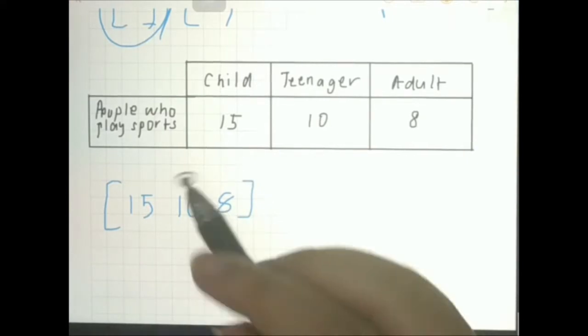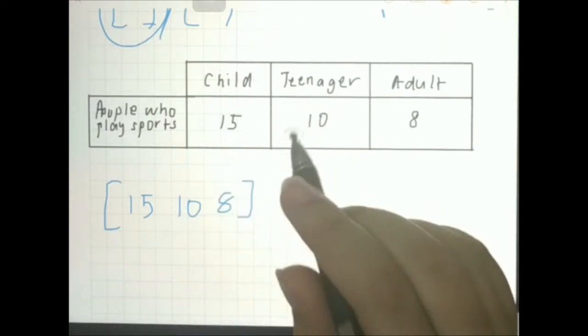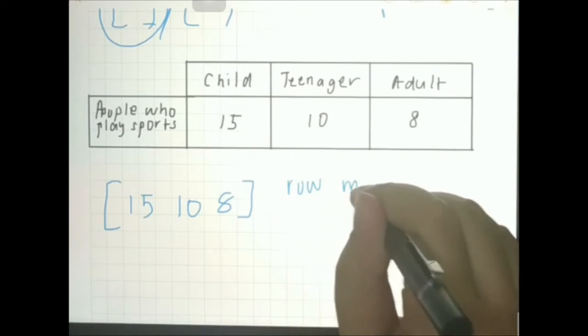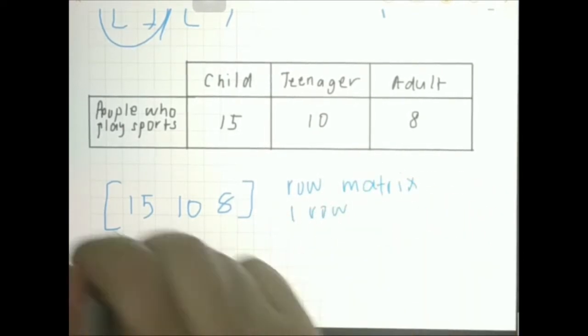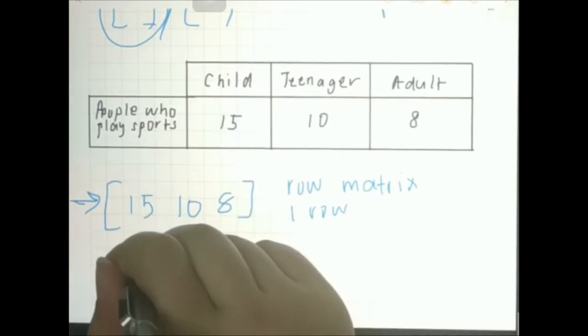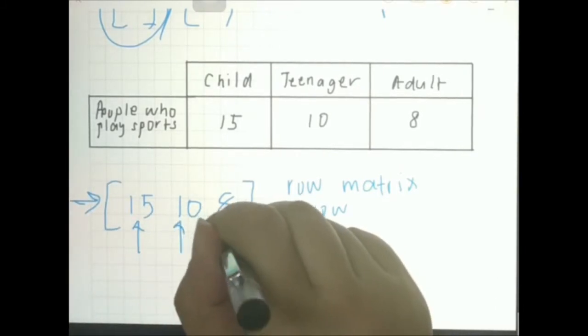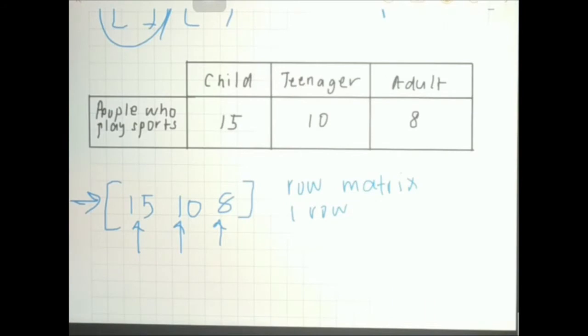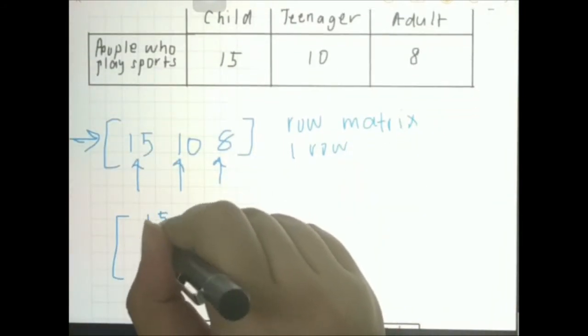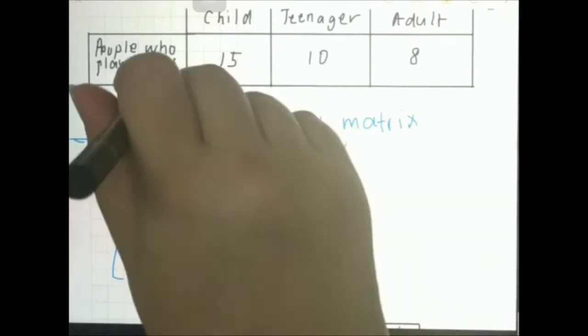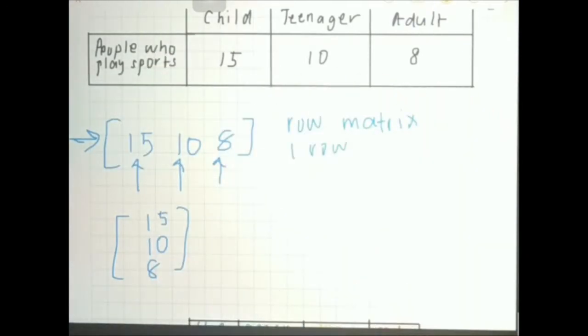Now this is called a row matrix because it only has one row. This is the row, only one row. This is columns. But we can also write it like this: 15, 10, 8. Instead of going horizontal, you go vertical.